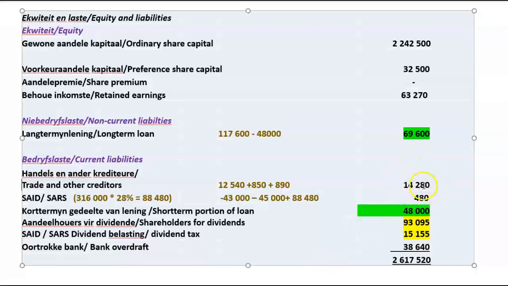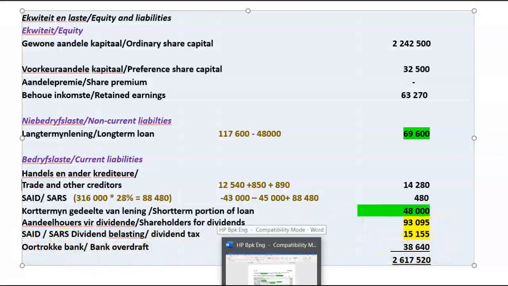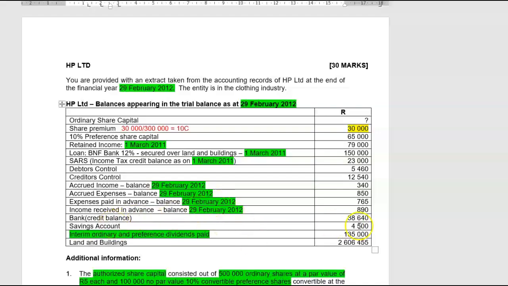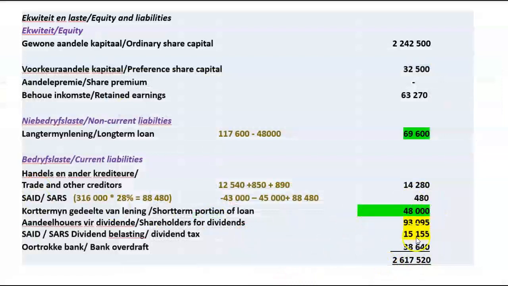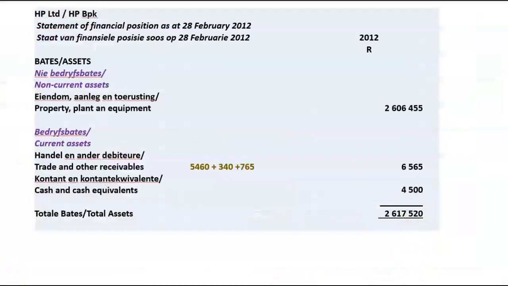If you showed it separately, no marks. Good, shareholders for dividends and dividend withholding tax we've spoken about. The only other thing that we have to account for is our bank overdraft balance, 38,640. So that then my total equity and liabilities equals my total assets. So I'm done.